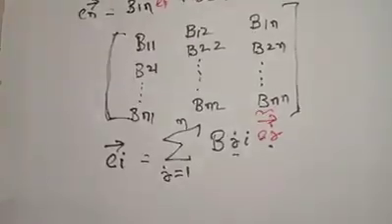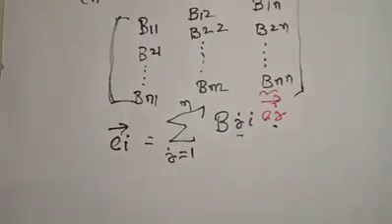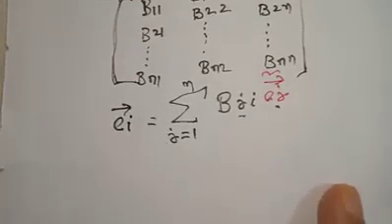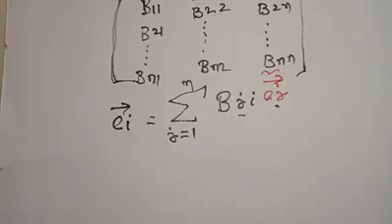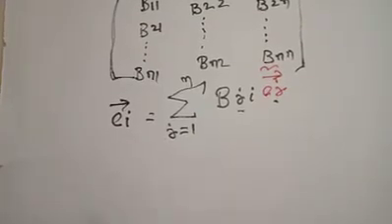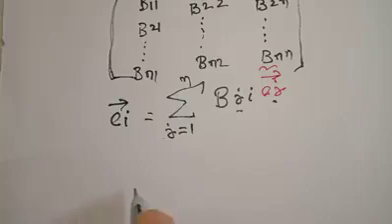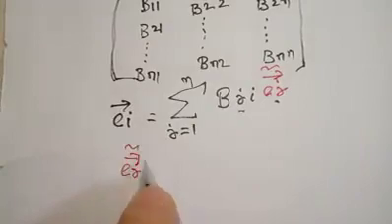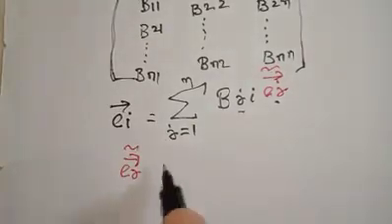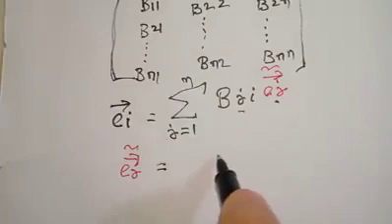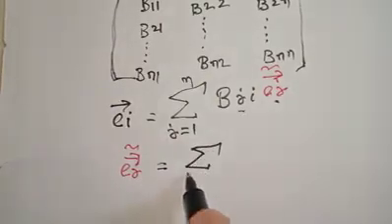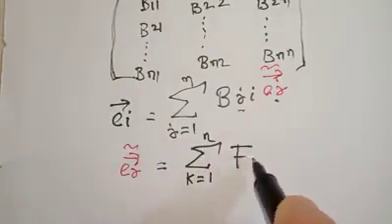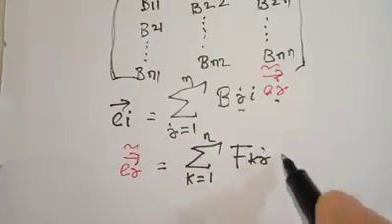So can we sum it up in a brief equation? So let us write it in this way. To sum it up, we can write ej tilde, because we are trying to find out the ej part, equals to sigma of k equals to 1 to n f of kj ek, right?